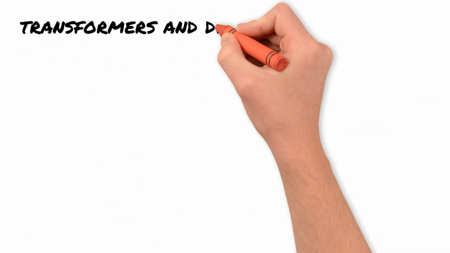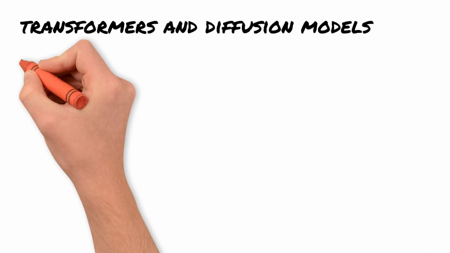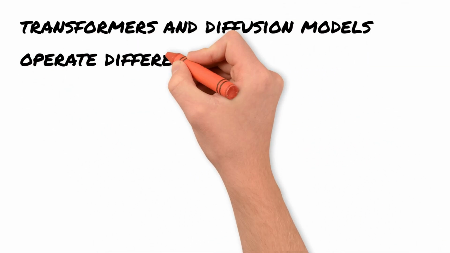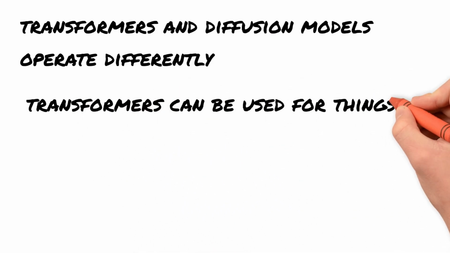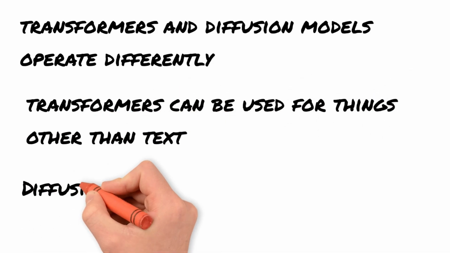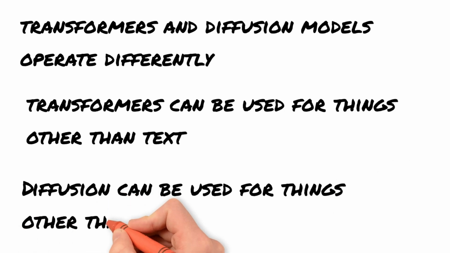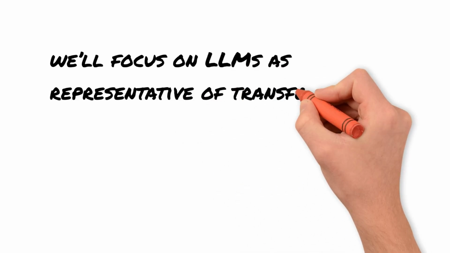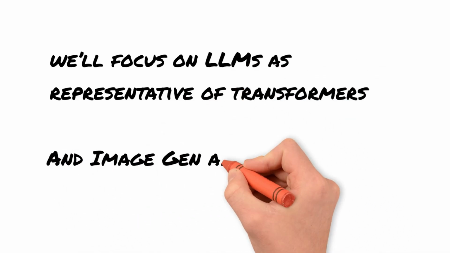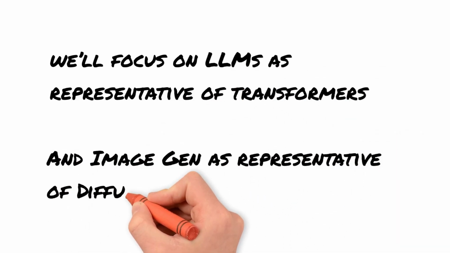While transformers and diffusion models are neural nets, they operate using different mechanisms. And keep in mind, transformers can be used for things other than language, and diffusion can be used for things other than images. For now though, let's focus on LLMs as representative of transformers and image generation as representative of diffusion.